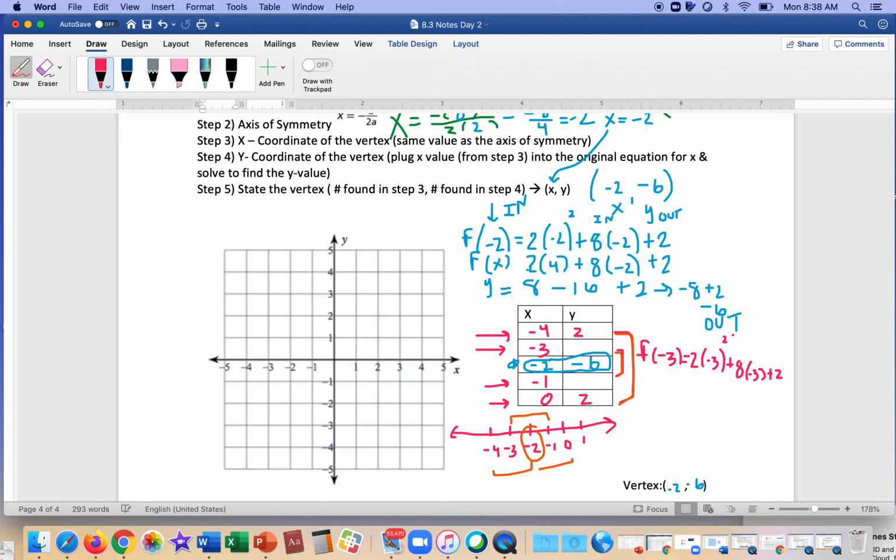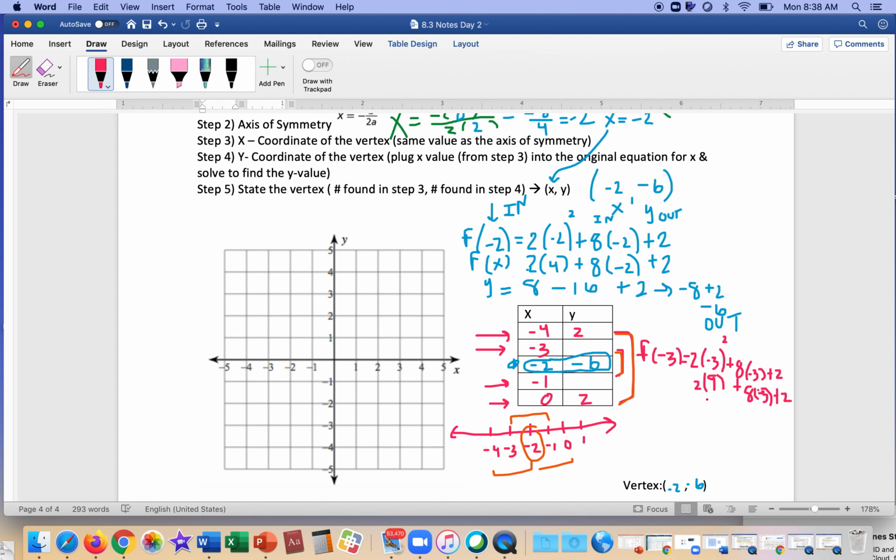To save myself some time, I'm going to use the trick in a sec. So negative 3 squared is going to be positive 9. You always do the exponent first, and then later you multiply by the number in front. Plus 8 times negative 3, it's a negative. Plus 2.